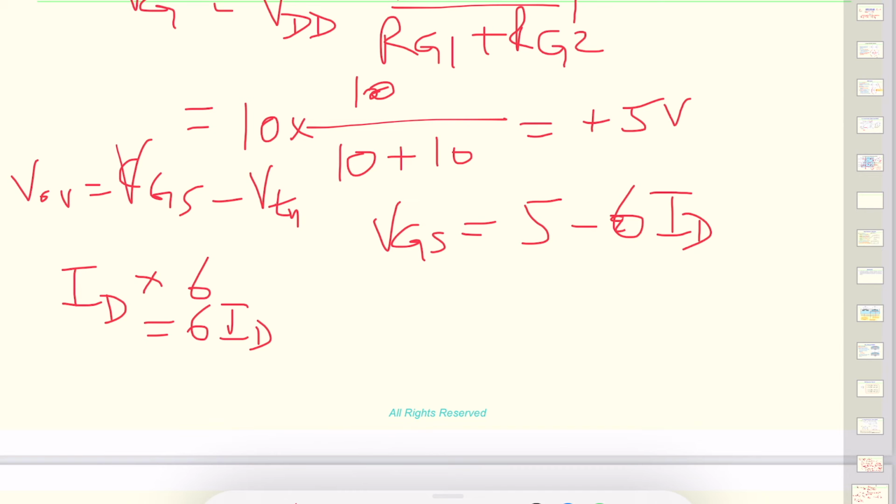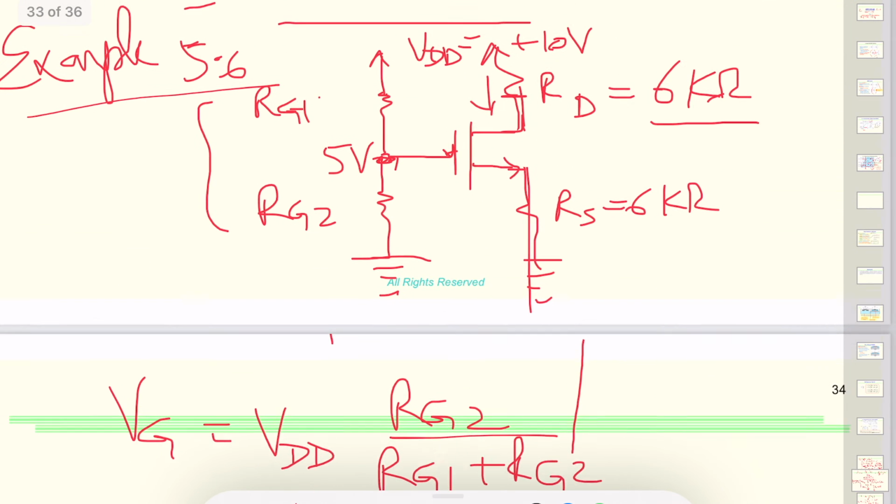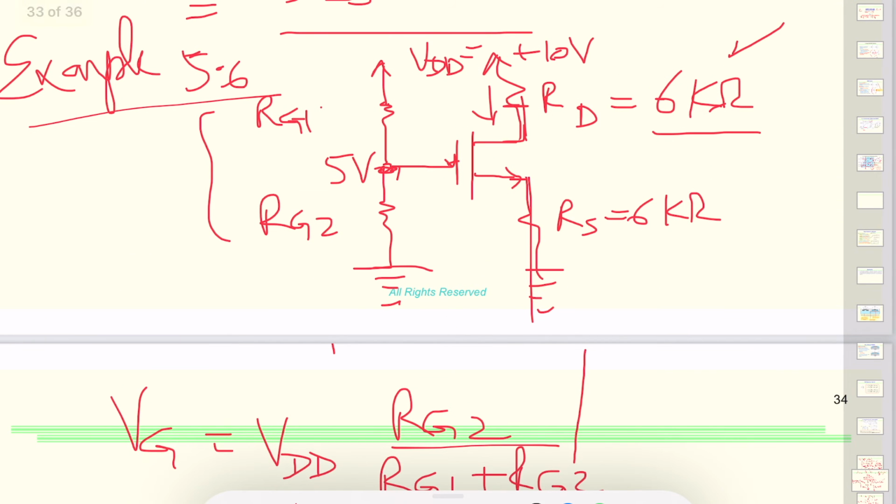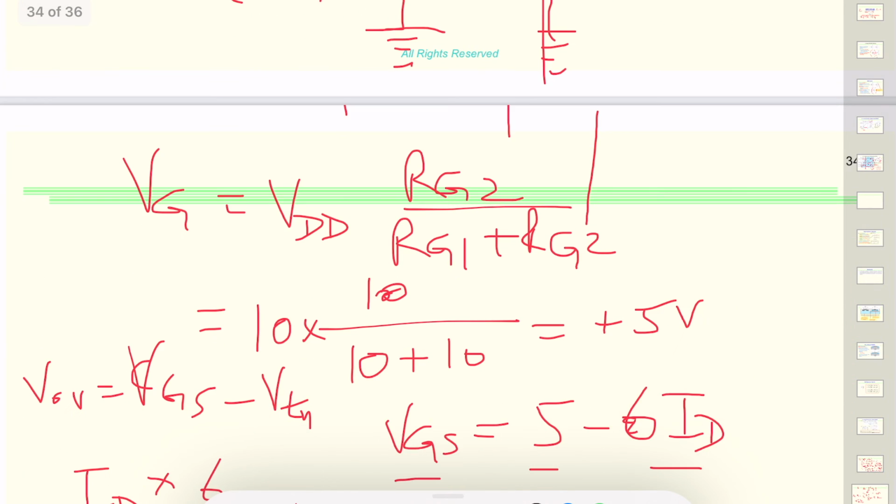So the difference of the voltage on the gate minus the voltage on the source, that would be VGS. So 6 ID is the voltage drop across this resistance. We don't know ID, so we just write down the product of these two, just 6 ID.